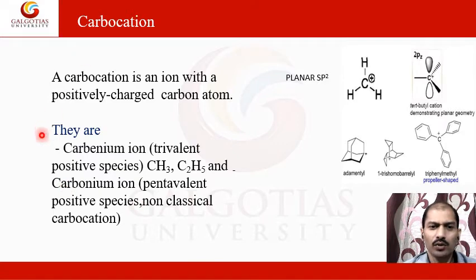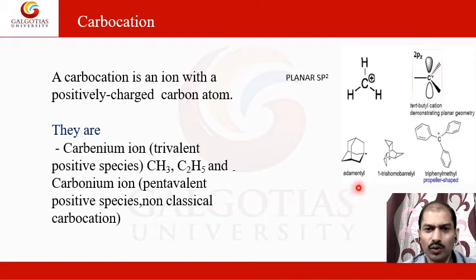These carbonium ions are trivalent positive species like methyl positive and ethyl positive, and pentavalent positive species. This is the general structure. If you see triphenyl methyl, three different phenyl groups are there, and the hybridization is sp2.